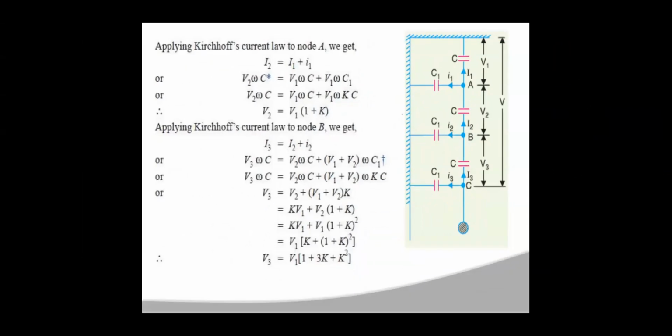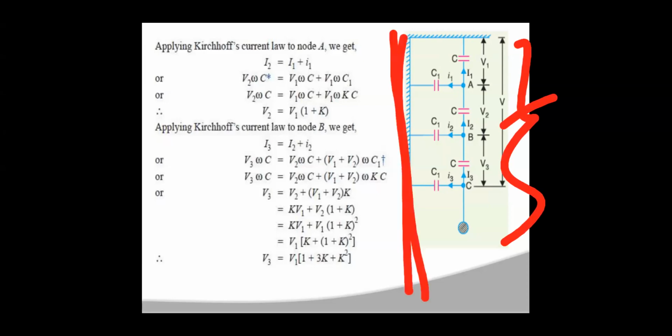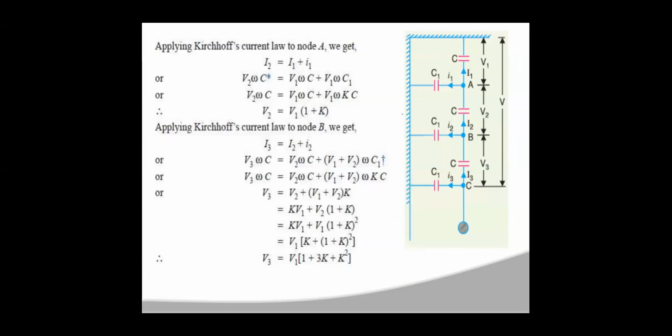If you observe the diagram, you will have 3 disks, and each disk has a capacitance C, the disk capacitance. The total voltage across the string is represented with capital V. As I said before, between each metal link and the tower you will have a capacitance, called the shunt capacitance, which is represented with C1.